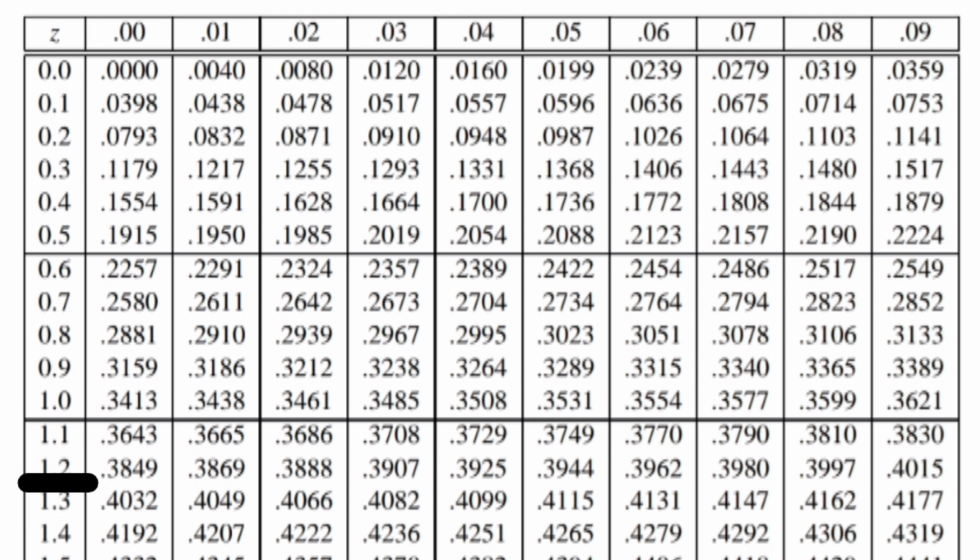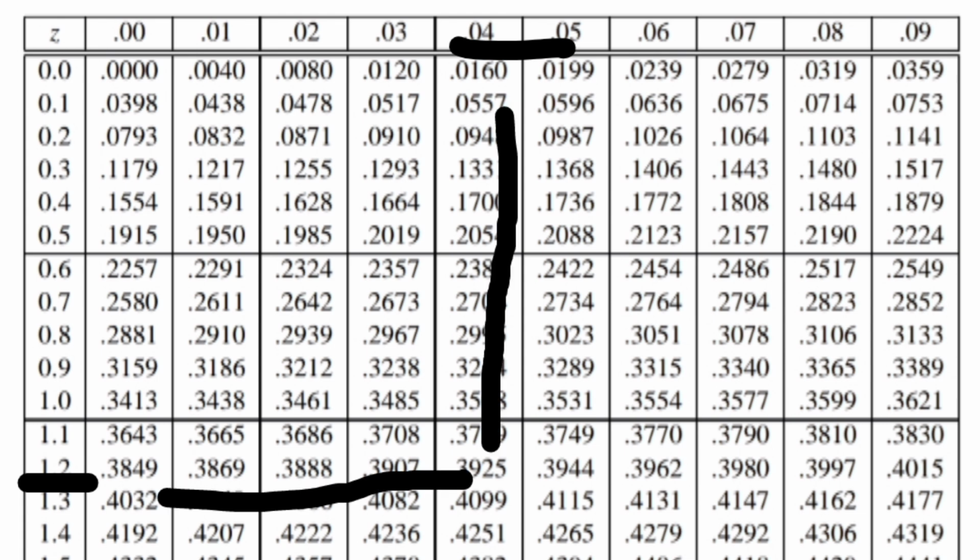We refer to the row where 1.2 is written, and the next digit, 8, then we see the column where 0.04 is written. The intersection of that 0.04 column and the 1.2 row is the area of that portion.